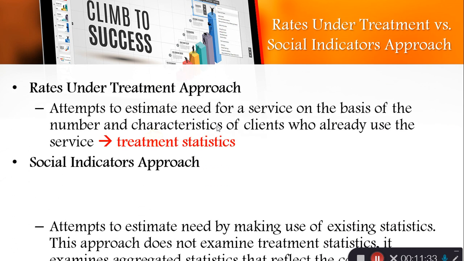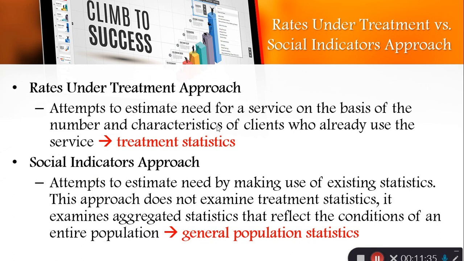The rates under treatment approach and the social indicators approach are very similar in that they both rely on statistics, but the source of those statistics is slightly different. The rates under treatment approach attempts to estimate need for a service on the basis of the number and characteristics of clients who already use the service.